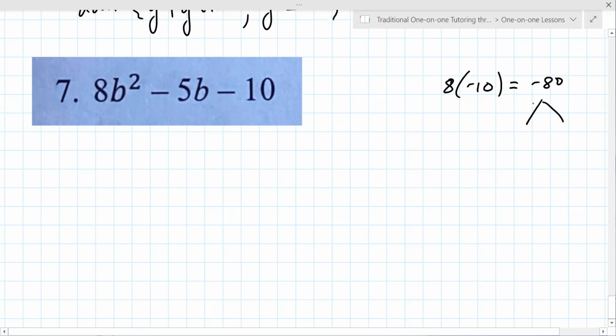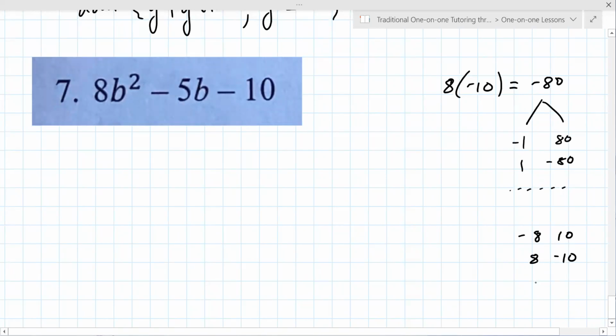If we start writing all of these, it's -1 and 80, 1 and -80. Those are too far apart. They've got to be 5 apart. So you have to be a little more selective, like maybe start in the middle, like -8 and 10. How far apart are those? They're 2 apart. So those are better.